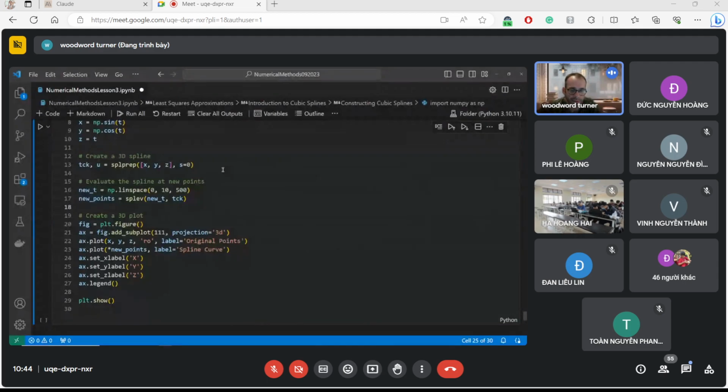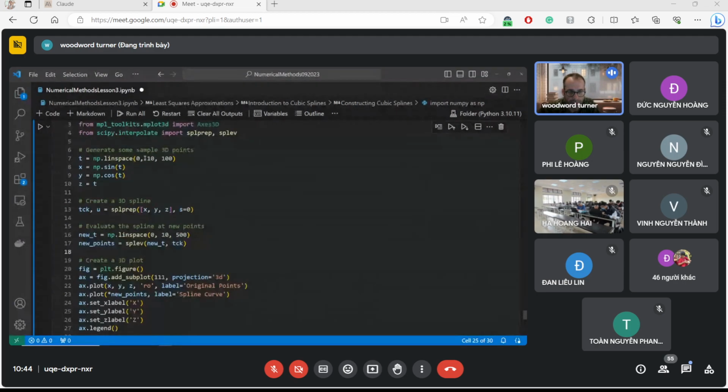For that, I just generate 500 points between 0 and 10. Right, 0 to 10 was the domain of my parameterized function, so that's my bounds. And then I just evaluate my spline using the 500 new t points and the spline preparation that I created here.